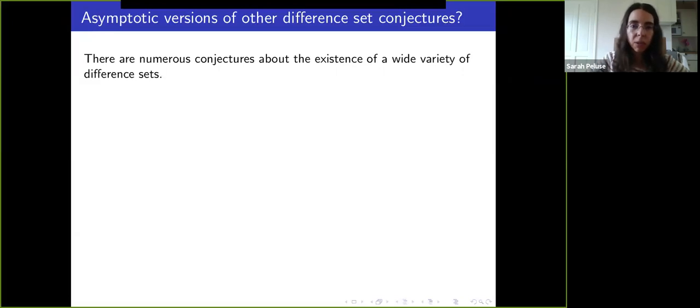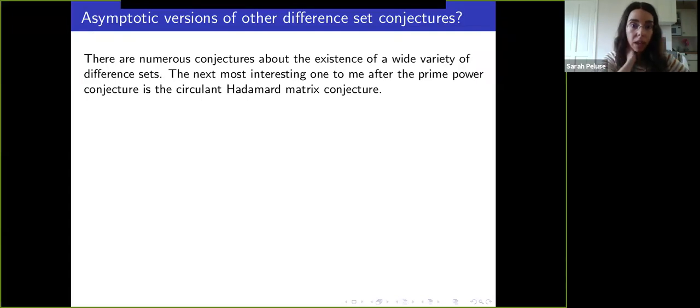You can make similar definitions in groups other than cyclic groups, abelian and non-abelian. And there seem to be a lot of conjectures that are important to people for a variety of reasons. So the one that's most interesting to me is the prime power conjecture.